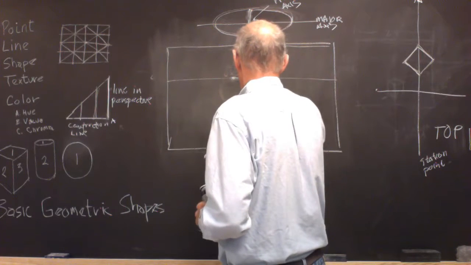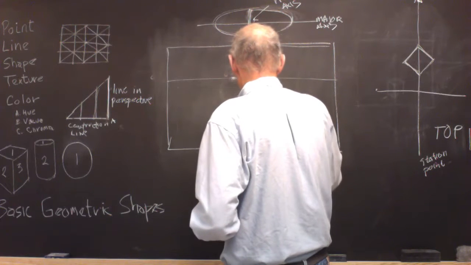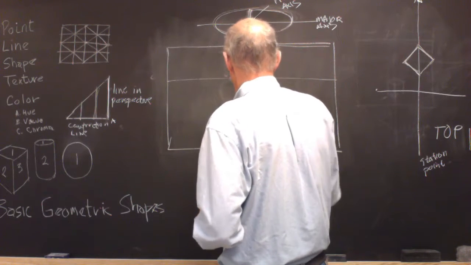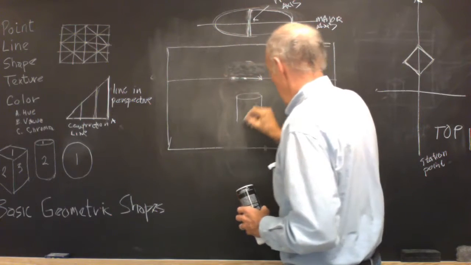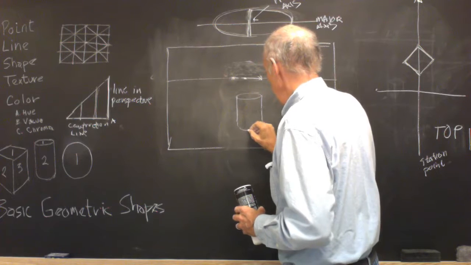So if I was to draw a cylinder here, I draw the top. Now this ellipse down here would be fatter.